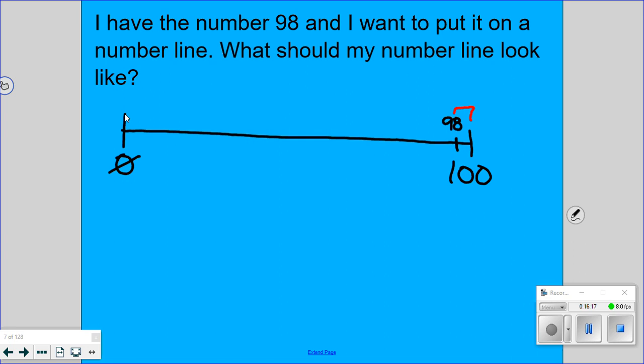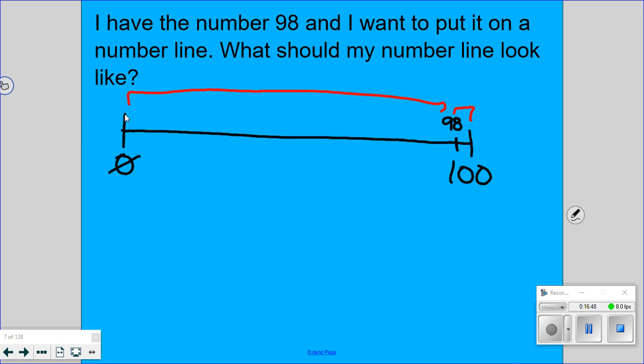Right there, 2. How many numbers are in this section? Carl? Not 0. How many numbers are in all that space? Keegan? There's 98 numbers. That is a lot of numbers.